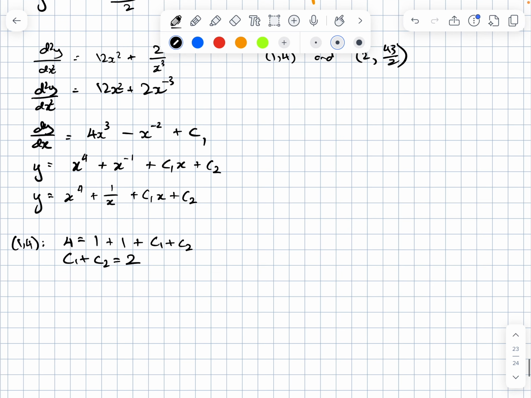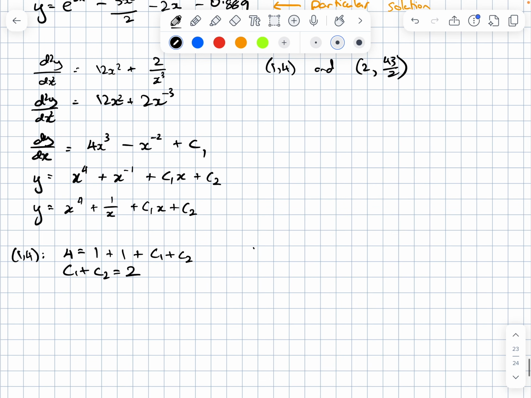The other point, 2 and 43 halves, that gives 43 over 2 equals 2 to the power of 4, or that's 2, 4, 8, 16, plus 1 over 2, plus 2c1, plus c2. That simplifies to give 2c1 plus c2 equals 5.